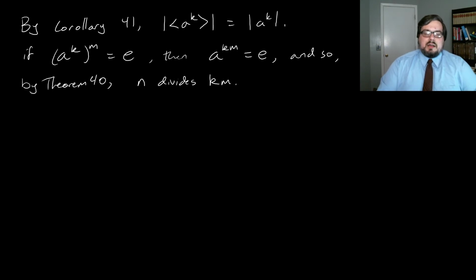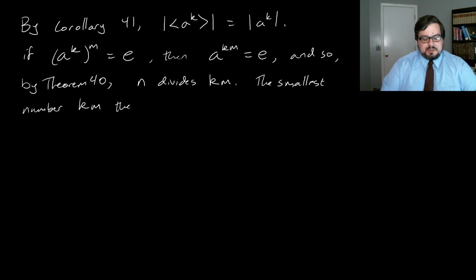So the smallest number km that is divisible by n is the least common multiple of n and k.